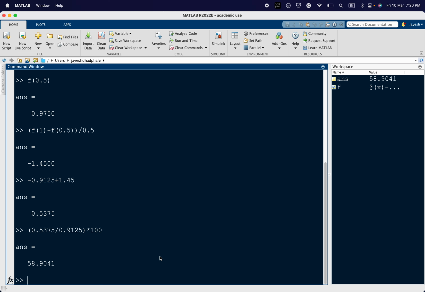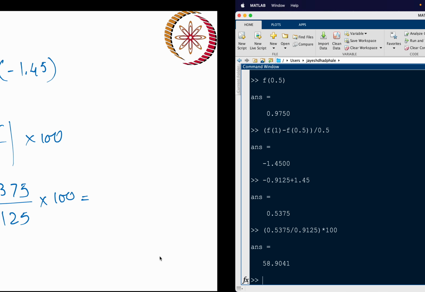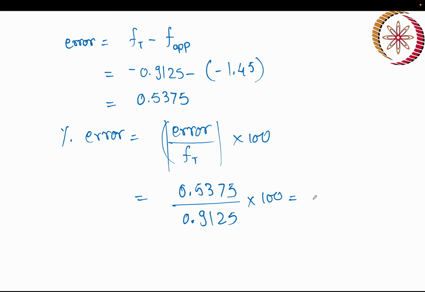Okay, so we compute this, and the error is 58.9%. Okay, so the percentage error is 58.9.